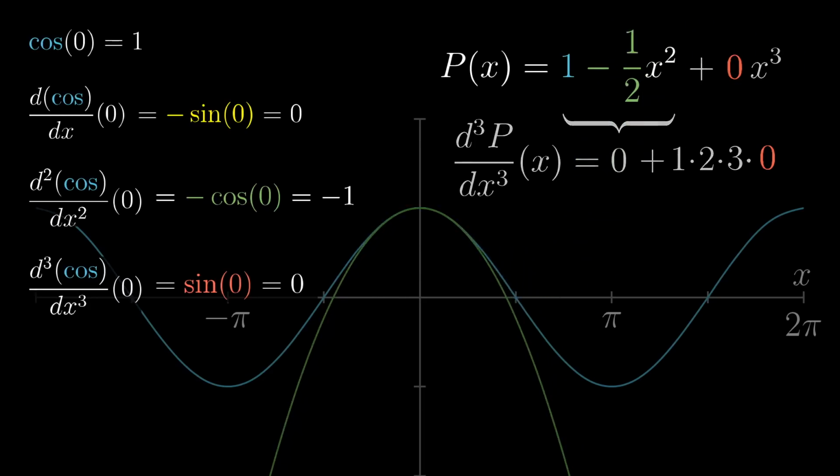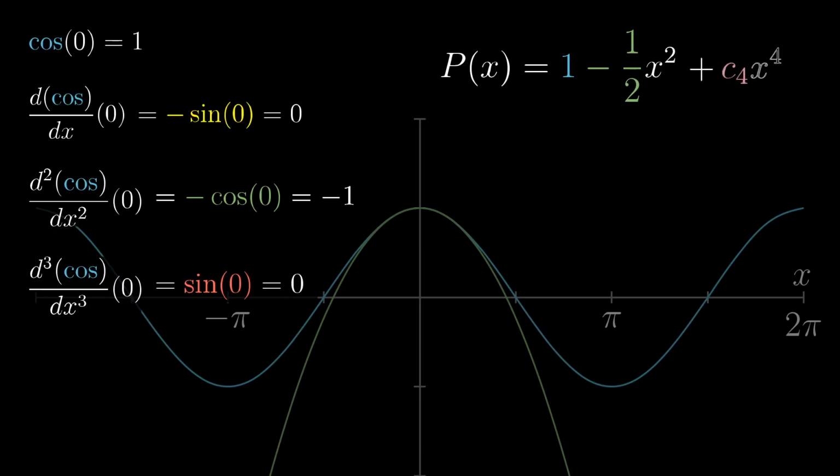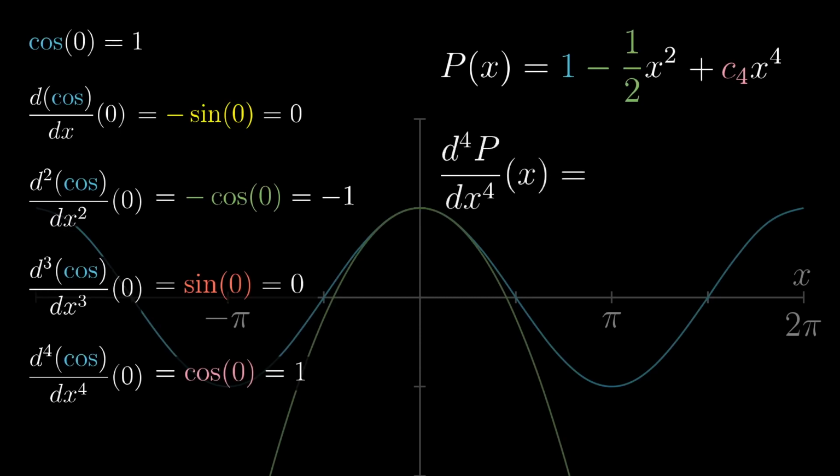You can actually make an improvement by adding on a fourth order term, c4 times x to the fourth. The fourth derivative of cosine is actually itself, which equals 1 at x equals 0. And what's the fourth derivative of our polynomial with this new term? Well, when you keep applying the power rule over and over, with those exponents all hopping down in front, you end up with 1 times 2 times 3 times 4 times c4, which is 24 times c4.